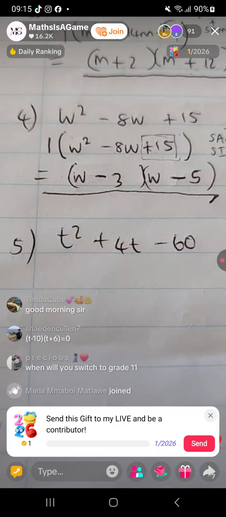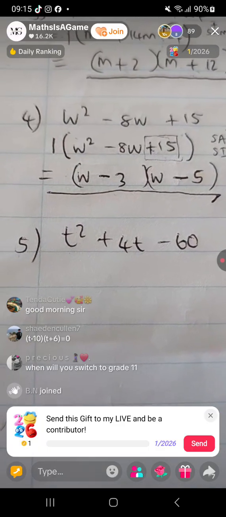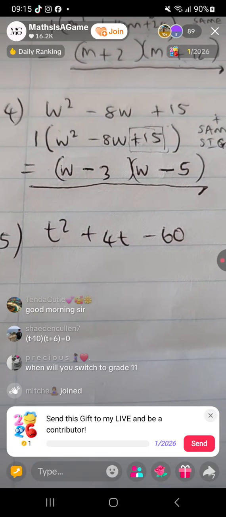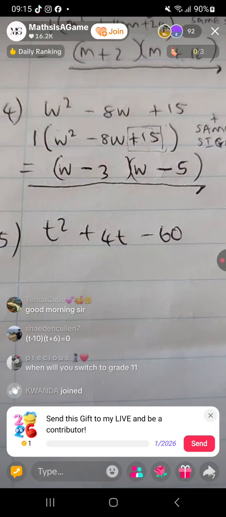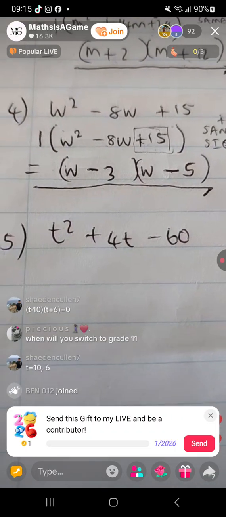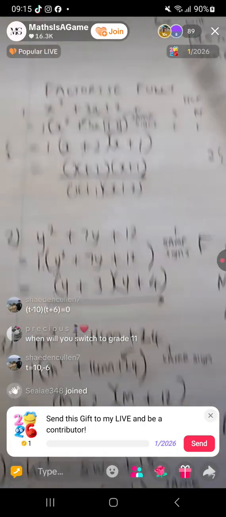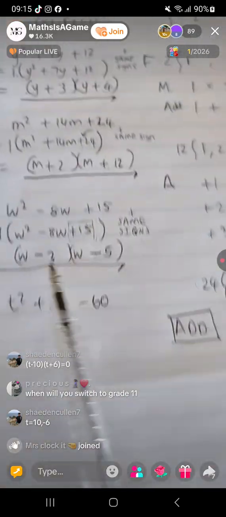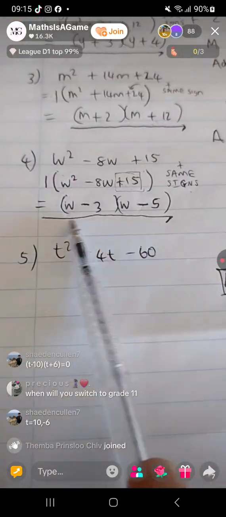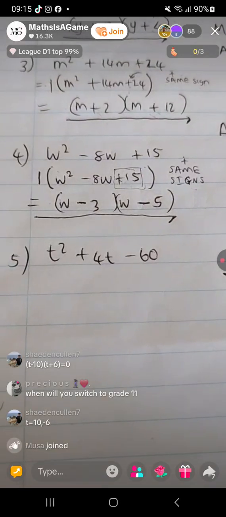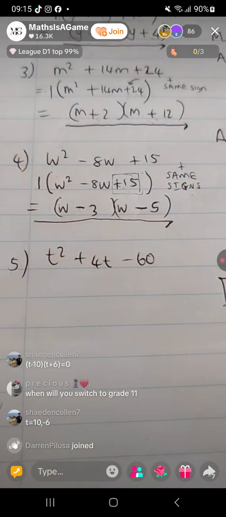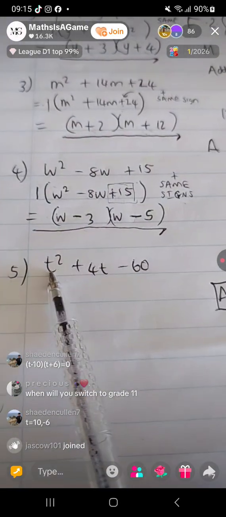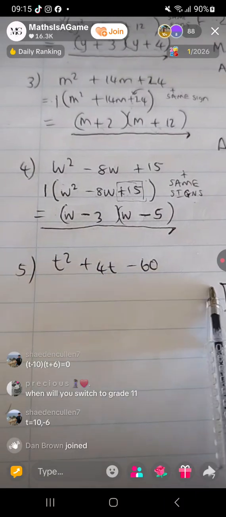Shade and Cullen, be very careful, because this is not an equation. We are not solving, we are factorizing. This is an expression, it is not an equation. So we are not solving for t, we are factorizing the expression.